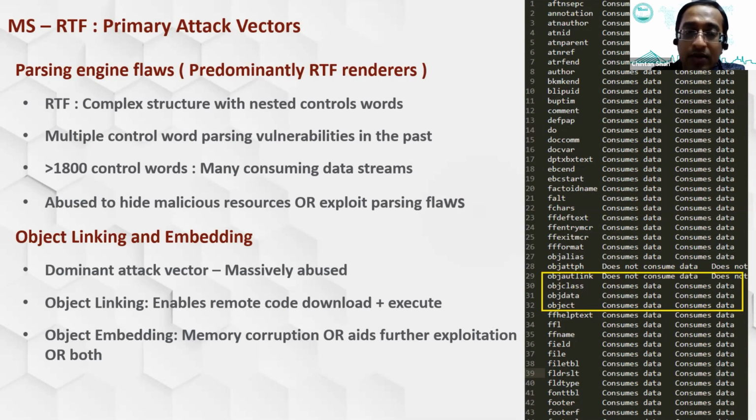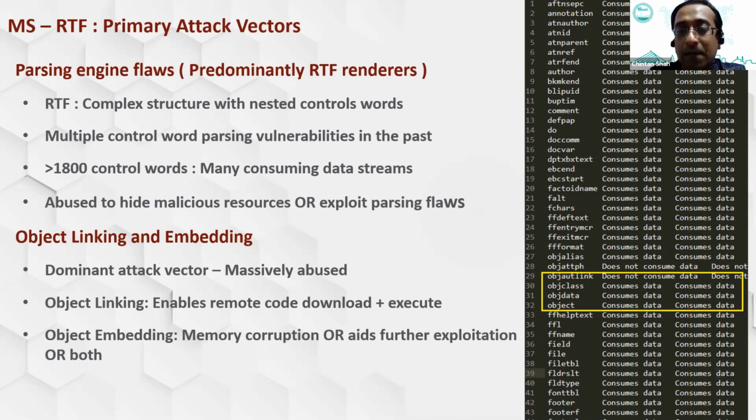And the other thing is that all these control words are able to consume streams of data. What this means for the attacker is that they can craft the RTF exploit in such a way that they get the MSRTF parser to ignore the control word. At the same time, they can embed malicious resources like shellcode, a decoy document, or other executables within the control word stream data.